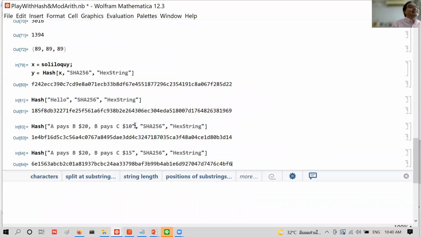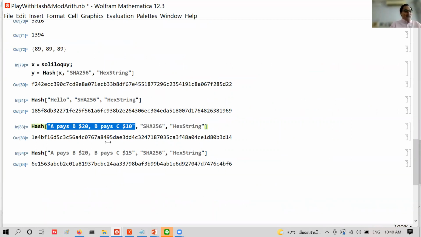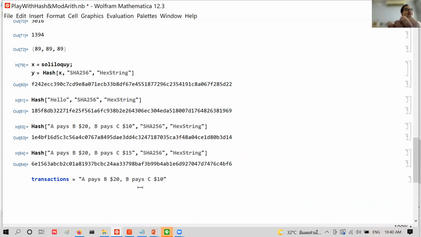So let's say this is a transaction, and I add to it some kind of token. Token is equal to "done by Punjai."